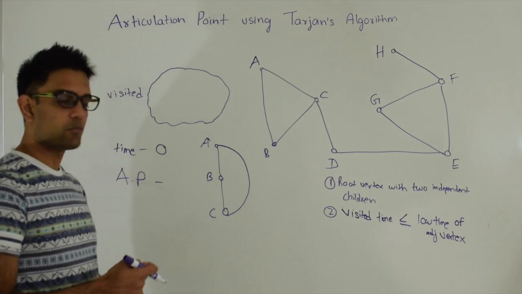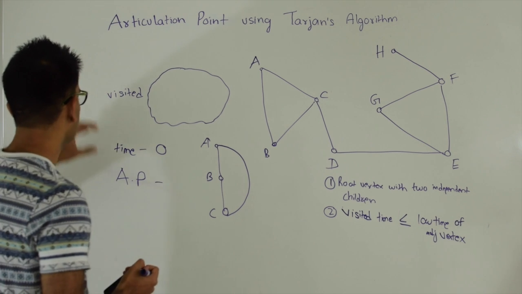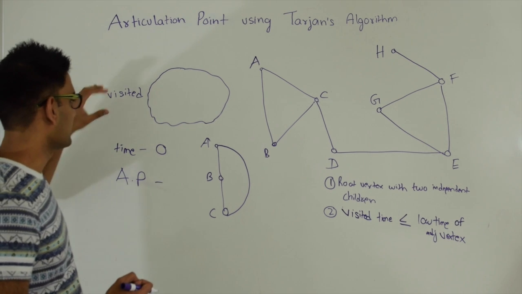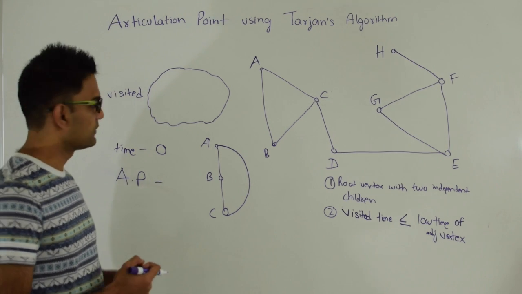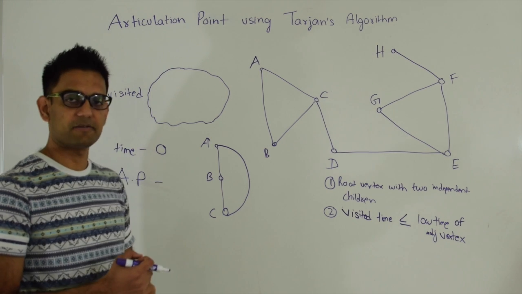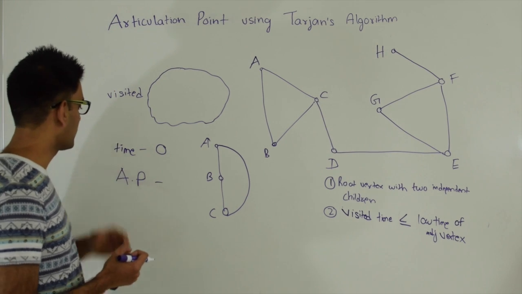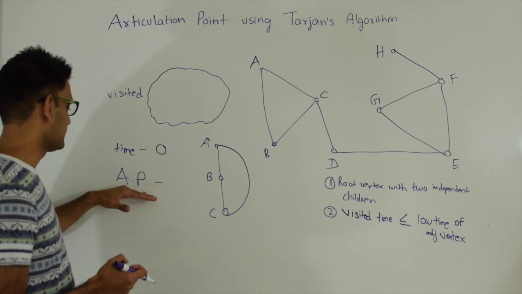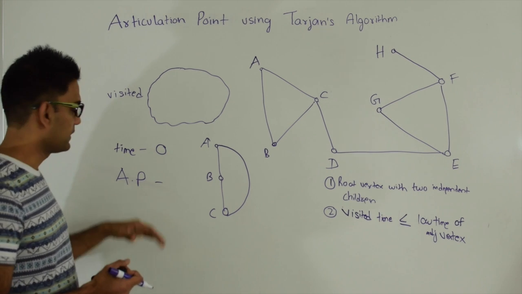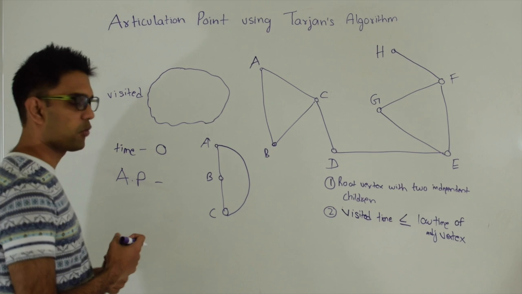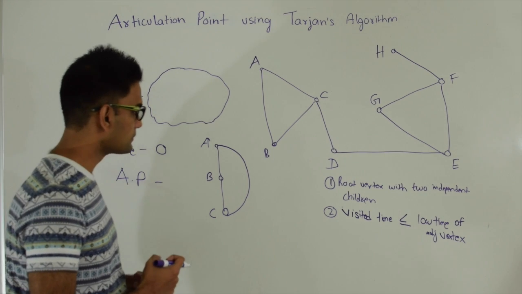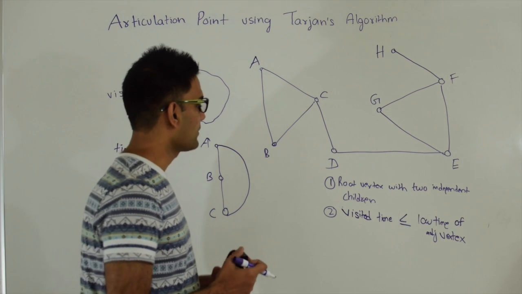So we need to do some bookkeeping for this algorithm. One is a visited set. It is going to store all the vertices which have been visited till now in the DFS traversal. Then time is the current visited time. This is a set of articulation points storing all the articulation points that we have found till now. And then we'll need three maps.